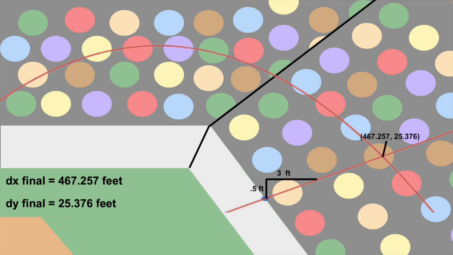So essentially this is saying that the ball landed 467.257 feet from home plate and 25.376 feet off the ground. This is only an estimation because we cannot account for drag, which would drastically decrease the distance from home plate and slightly decrease the distance from the ground. So in order to make a correct estimation, we need drag, but that's for another lesson.